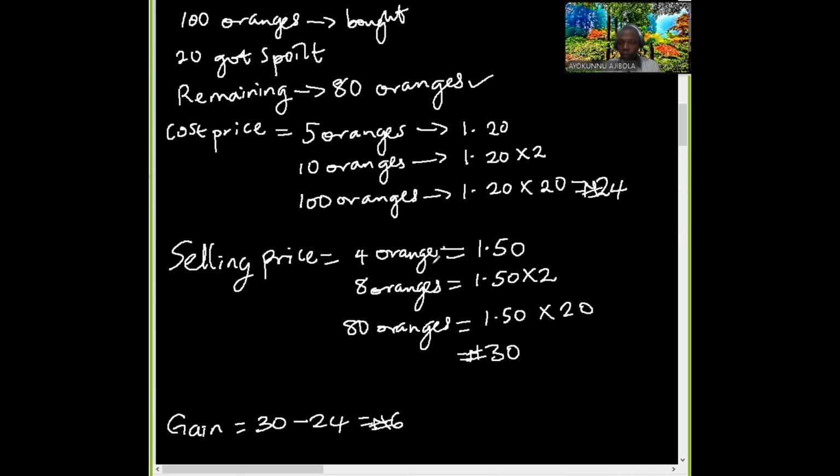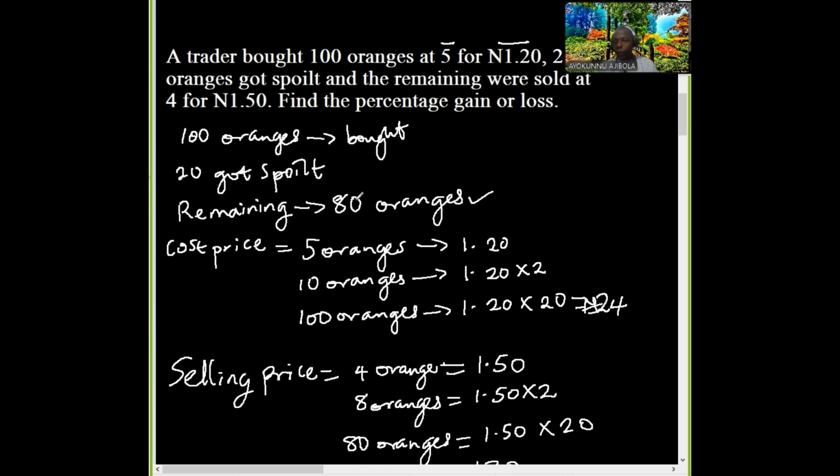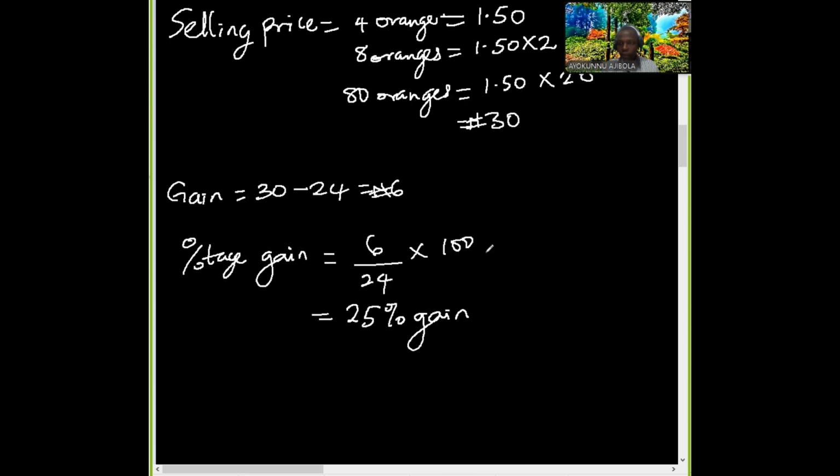Why not 100? Because 20 got spoiled. It will not sell those that got spoiled. It will only be able to sell 80 oranges. Is that clear? Yes, sir. Good.